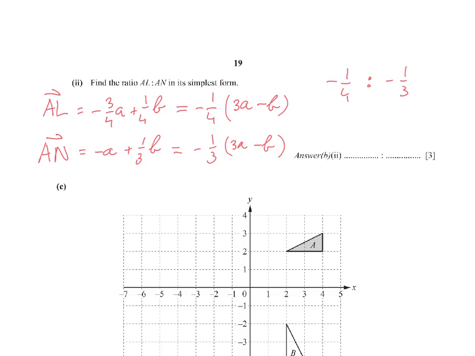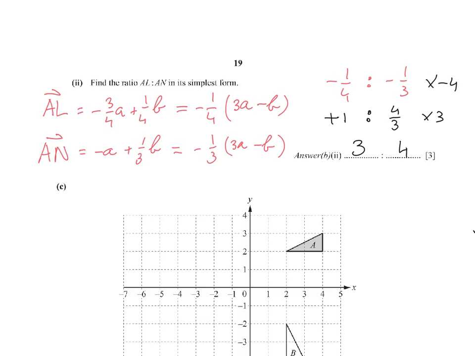A ratio also cannot contain any fractions or decimals. So I'm going to multiply first both by minus 4, to get rid of the negative as well. And if I do that, here I will have 1, and here I'm going to have 4 over 3. And I'm going to multiply both sides by 3 to get rid of the second fraction. And then I will have 3 as a ratio to 4.